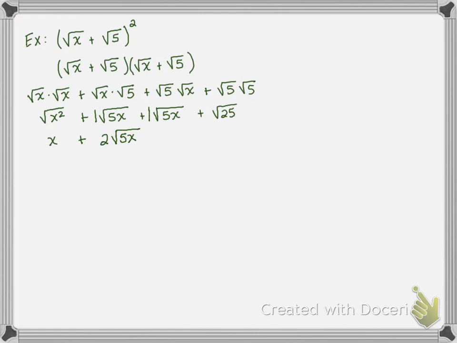You can only change the radicals themselves through multiplication or division or factoring. And then the square root of 25 is just 5. So that's our final answer. We don't have any like terms. Questions?